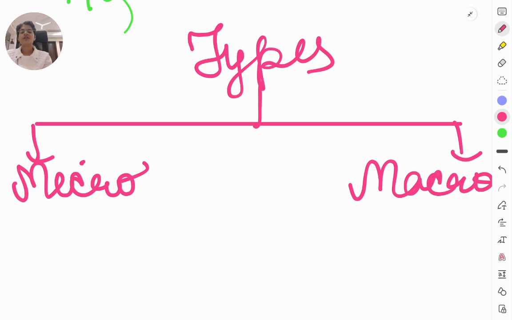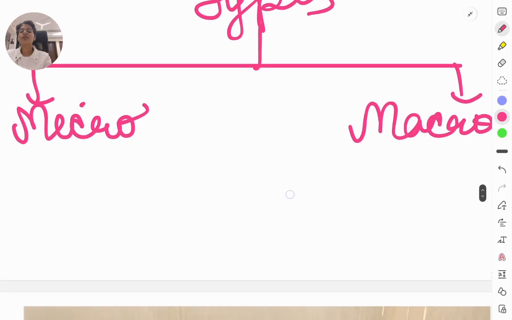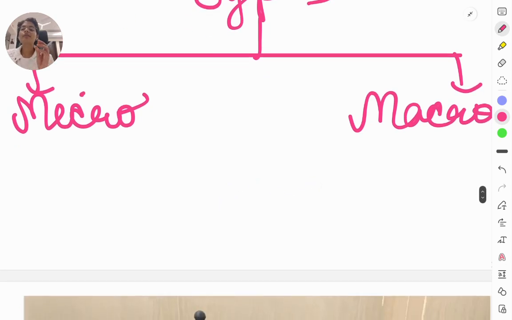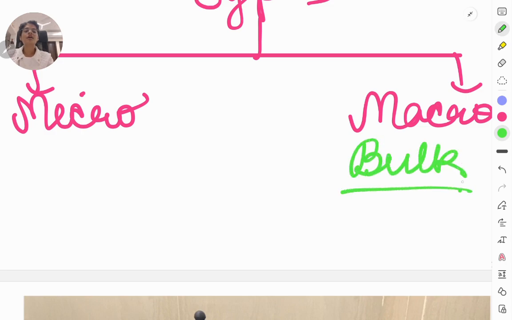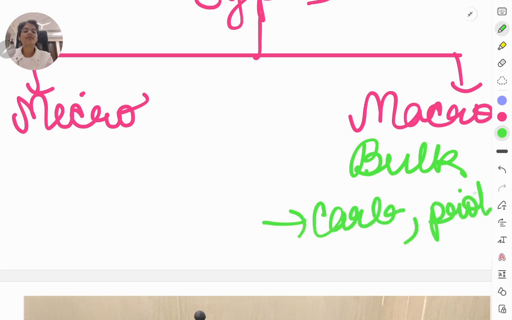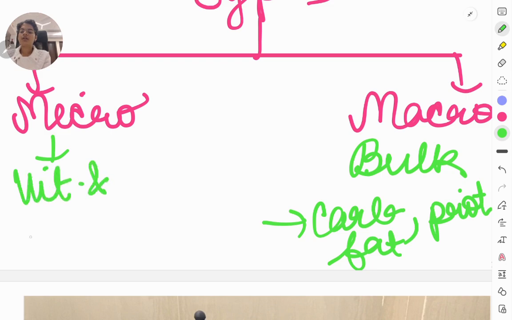Just imagine you are eating from a plate: which thing is in the minority and which in the majority? The major part or the bulk, keep the keyword bulk, is called macronutrients, and it consists of carbohydrates, proteins and fat, while the smaller amount is the micronutrients, which are vitamins and minerals.